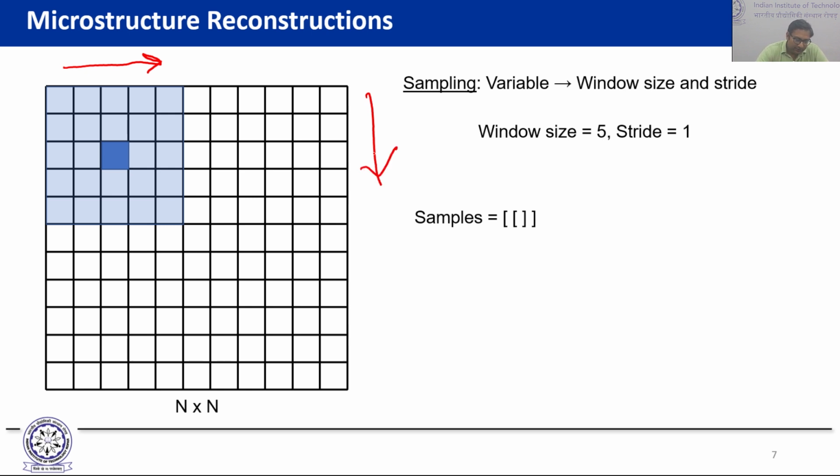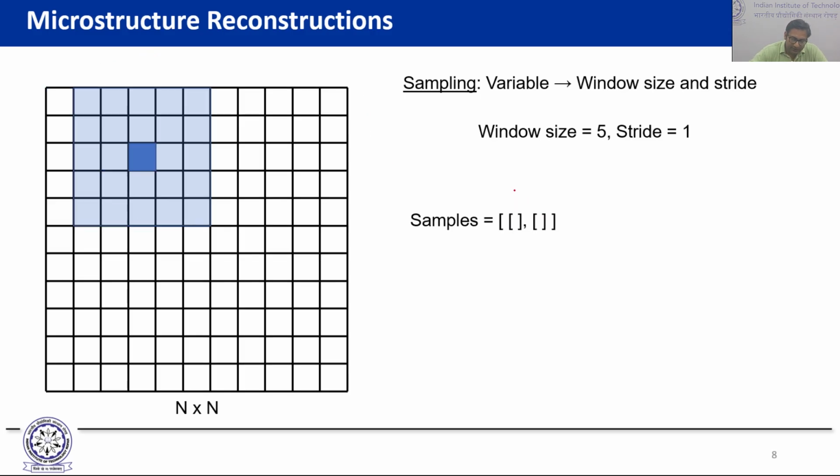So here I have used this patch only once, and therefore now I have got a single sample. As I translate this patch once again, I now get a second sample. So this is corresponding to the second sample, this one is corresponding to the first sample when I had placed the patch over the left hand corner.